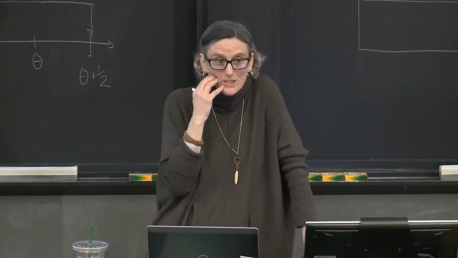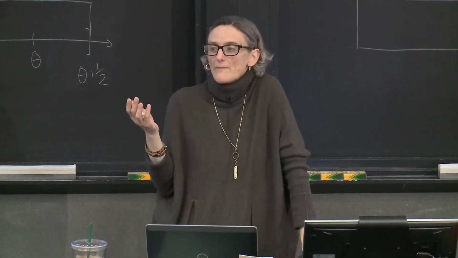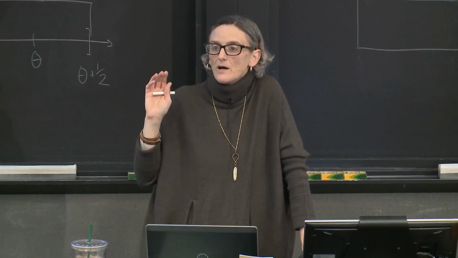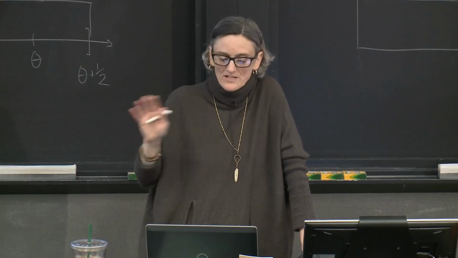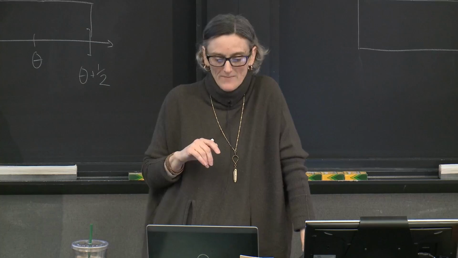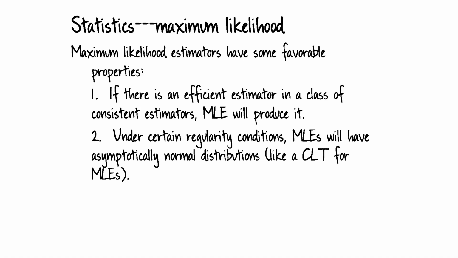Also, there is a central limit theorem type result having to do with maximum likelihood estimators. Under certain regularity conditions, if the maximum likelihood estimator is not on some boundary of the space, then asymptotically, as your sample size gets bigger and bigger, maximum likelihood estimators are going to have a normal or approximately normal distribution.